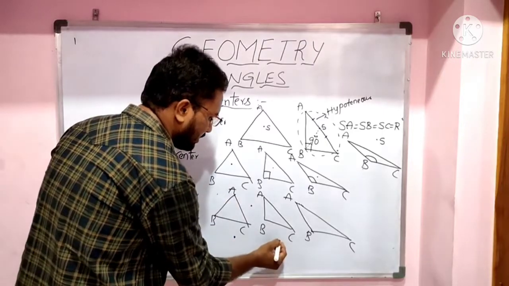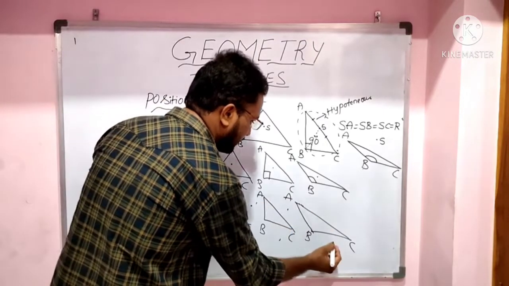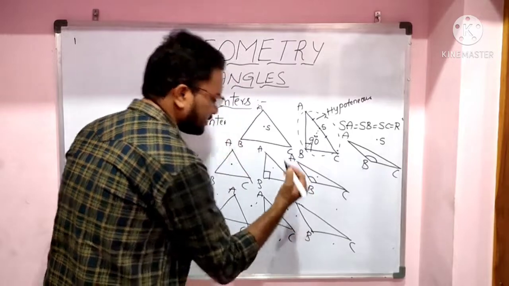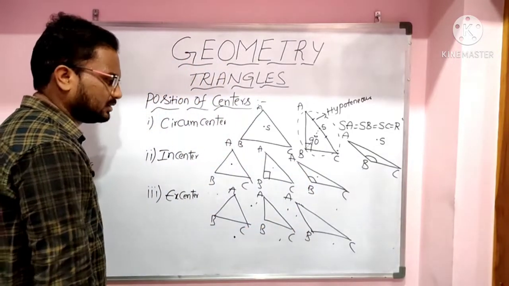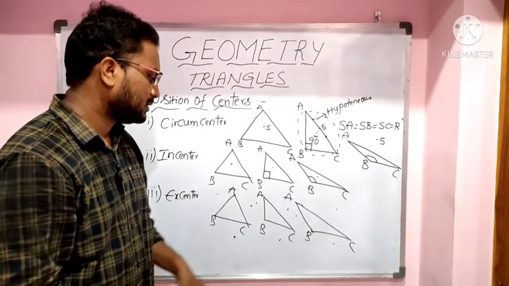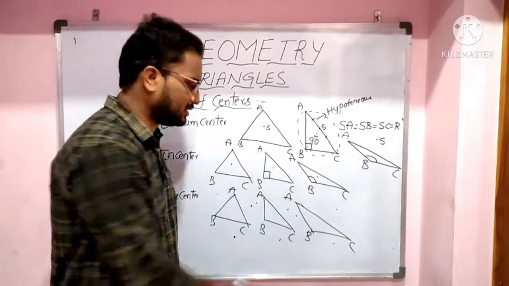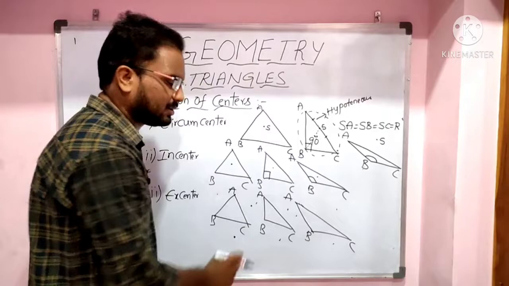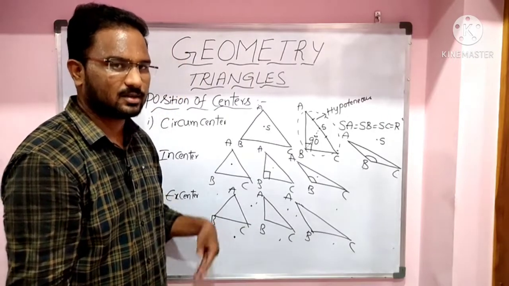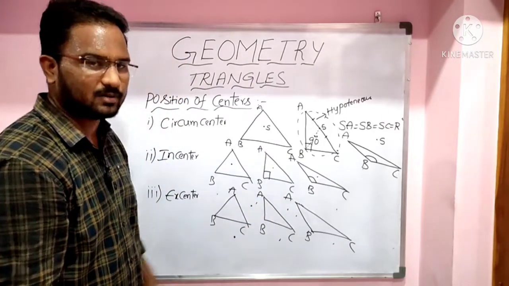These are the excenters. Already I told you, in a triangle we have 3 excenters. Excenters always lie outside the triangle for any type of triangle.